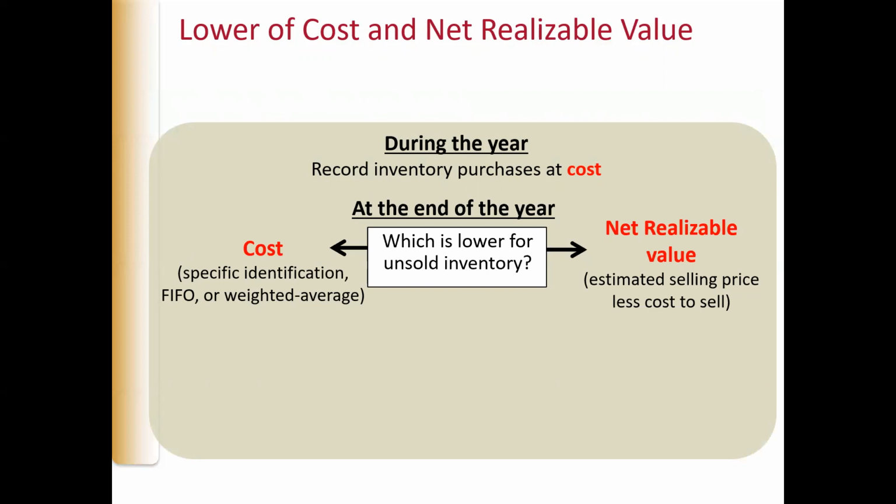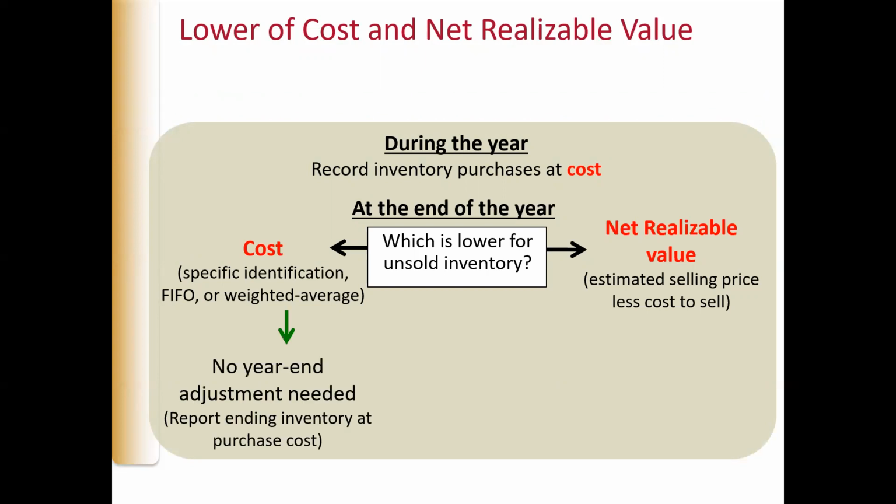But net realizable value is the estimated selling price less any cost to sell the goods. If net realizable value is lower than cost, we will then need to adjust our books to account for the lower price. If the lowest price is cost, there's nothing we need to do.